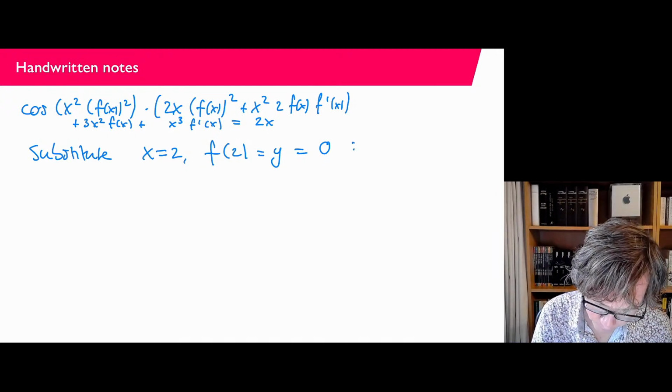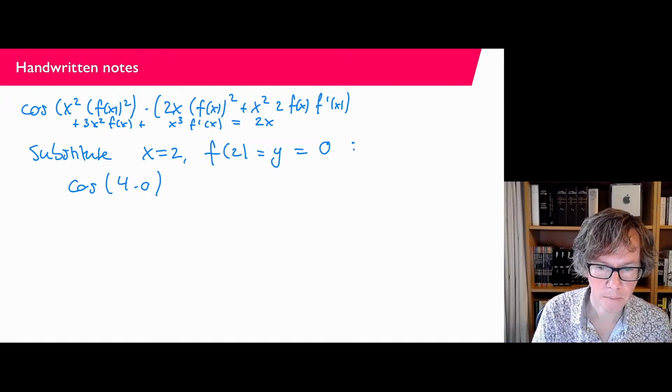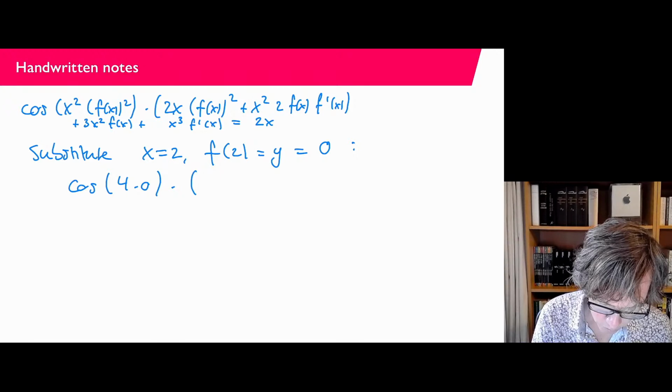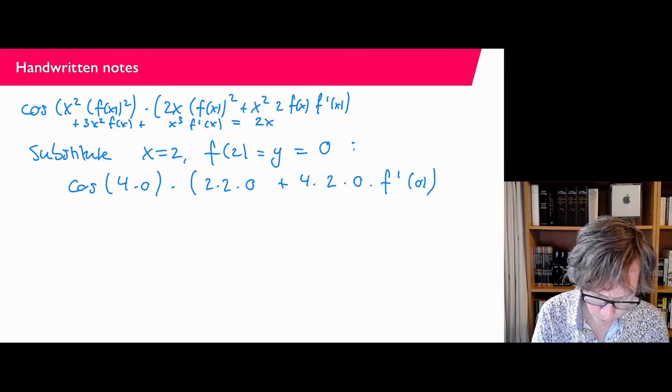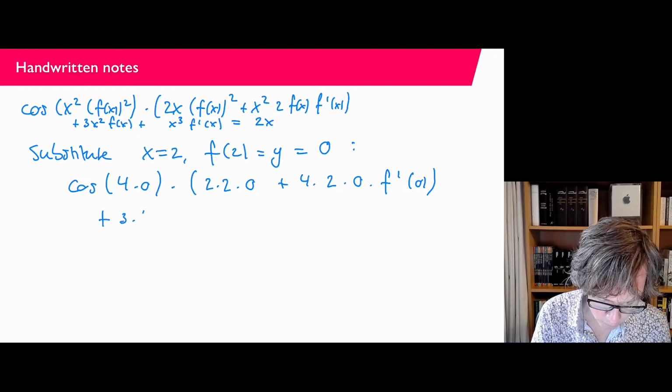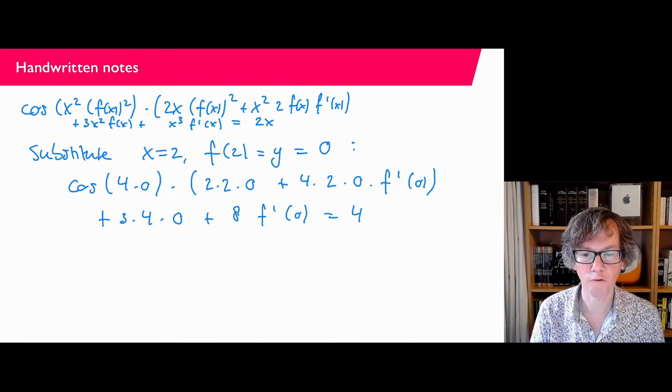So if you do that, then you find the cosine of 4 times 0, times, so we get 2 times 2 times 0 squared plus 4 times 2 times 0 times f prime of 0 plus 3 times 4 times 0 plus 8 f prime of 0 equals 2 times 2 equals 4.